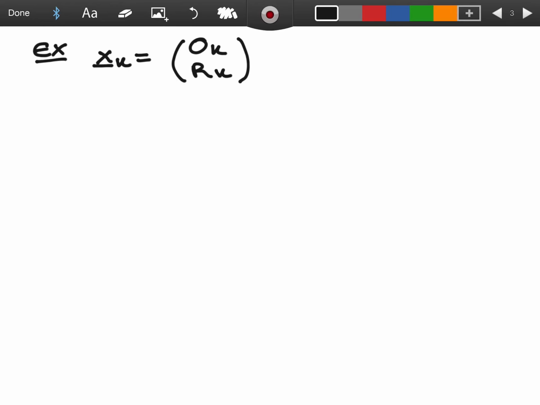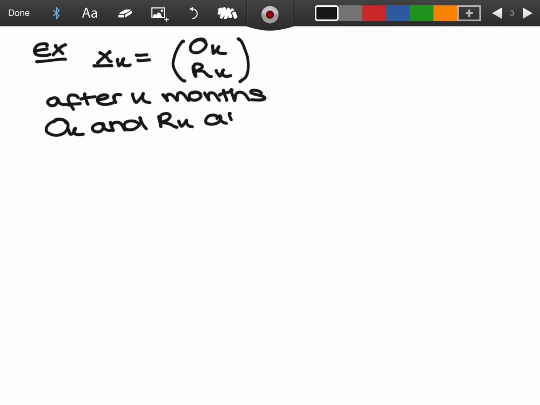Each of these vectors gives me the owl population and the rat population after k months. I'm going to say that Ok and Rk are measured in thousands, because there are a lot of owls and a lot of rats, and trying to do this without thousands would give huge numbers.